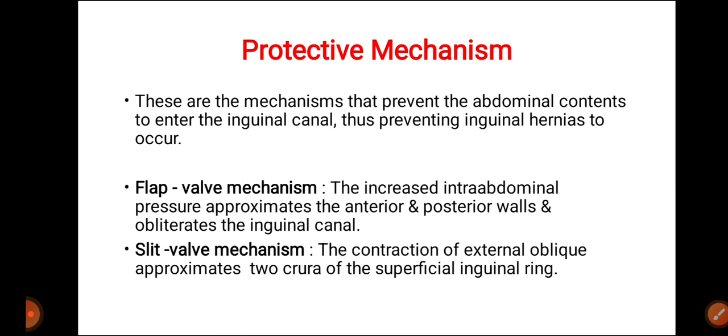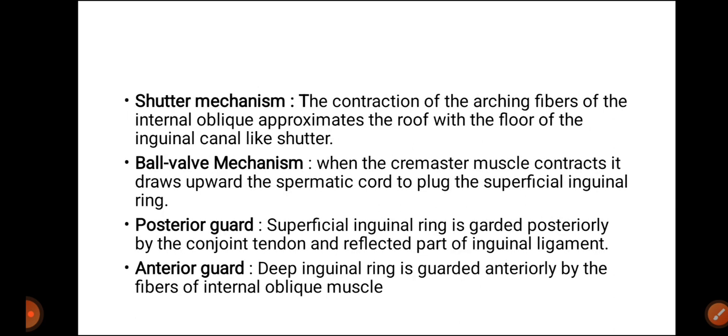Next one is the slit valve mechanism. The superficial inguinal ring is present in the external oblique muscle. So the contraction of the external oblique muscle will lead to the approximation of the two crura of the superficial inguinal ring. That is called the slit valve mechanism.